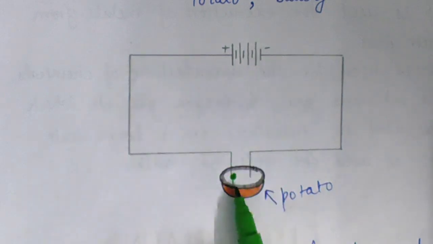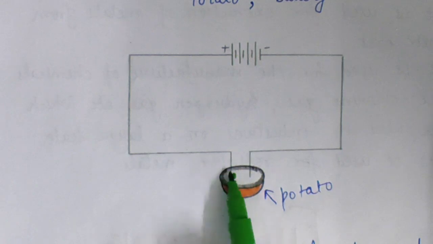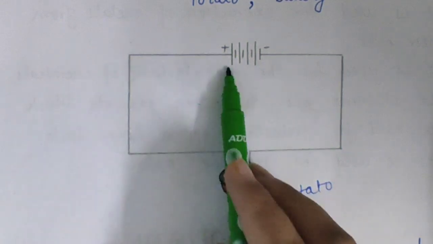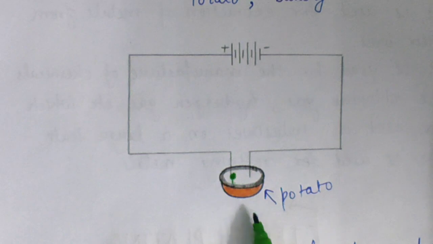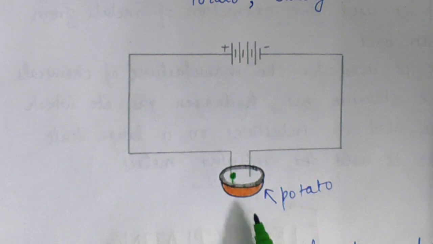It means this green spot shows that this end is the positive terminal of the battery. So in this way, we can identify the positive terminal of the battery. Thus, we can say a potato can be used to identify the positive terminal of the battery.